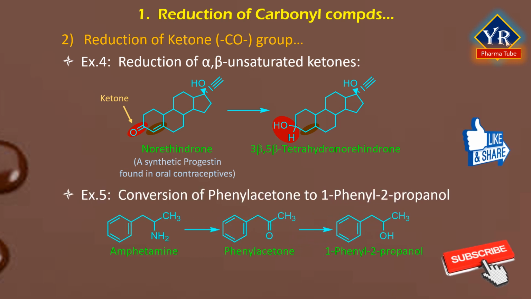Ketones resulting from metabolic oxidative deamination processes are also susceptible to reduction. For example, amphetamine is deaminated to phenylacetone, a non-aromatic ketone which is subsequently reduced to 1-phenyl-2-propanol.